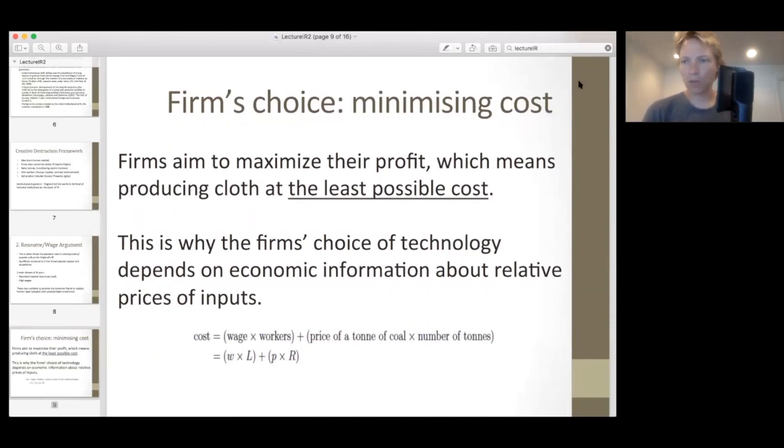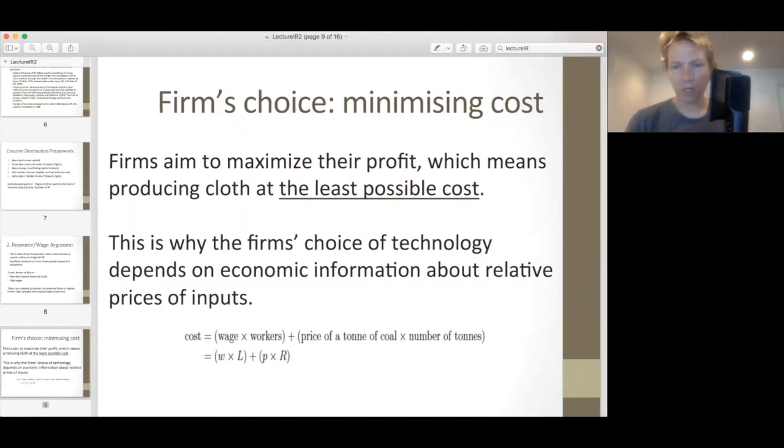So let's briefly do some intermediate microeconomics to see exactly what's going to go on here. The firm is going to try to minimize cost. Its cost here is going to be the wage times workers. So how many workers they use times how much it costs.